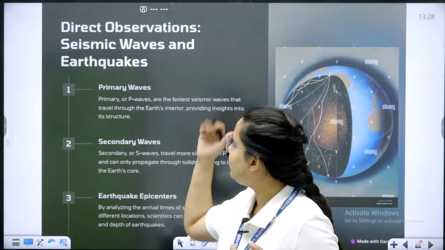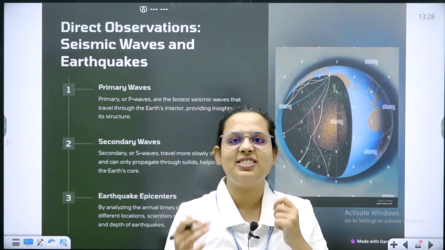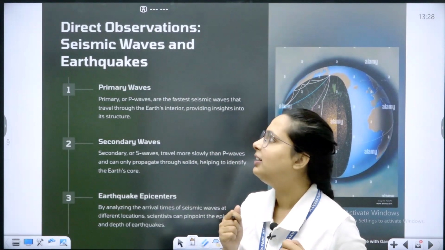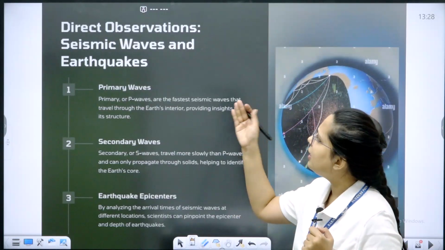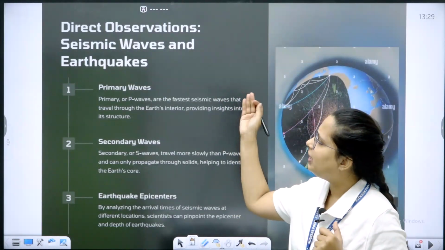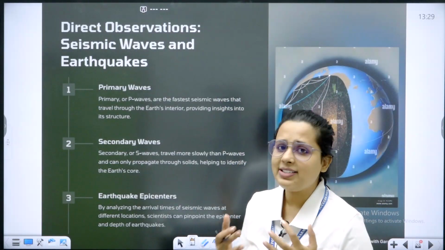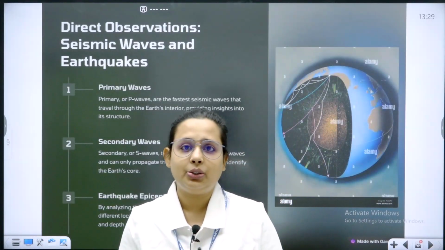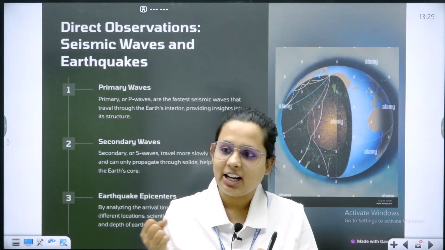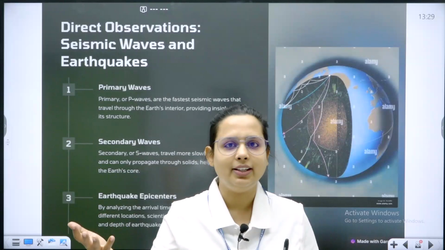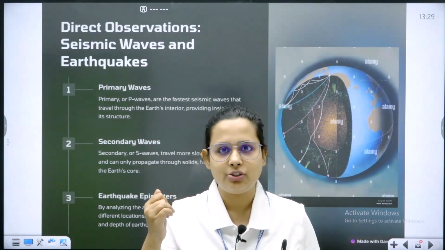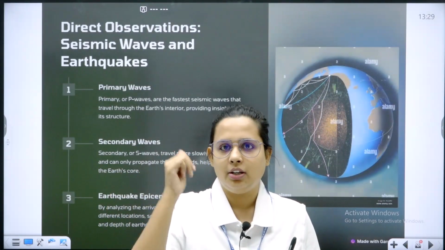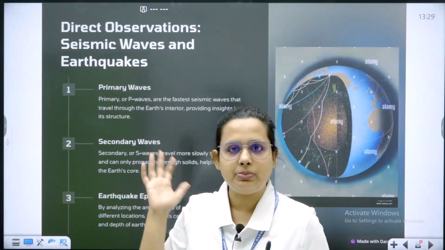Now, what is a direct source? A direct source is direct observation. Here it is written: direct observation, seismic waves and earthquake. Direct observation is something that we can observe without doing anything. I can directly observe that the background of this board is black.